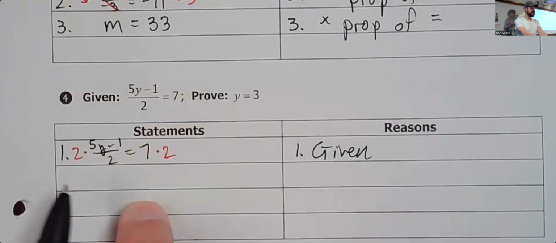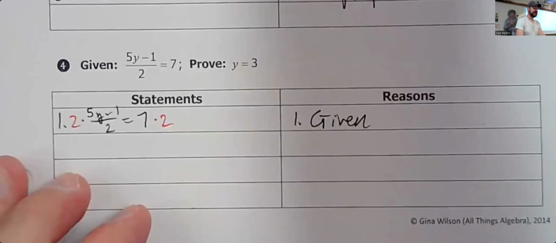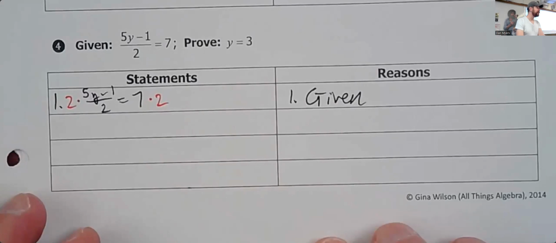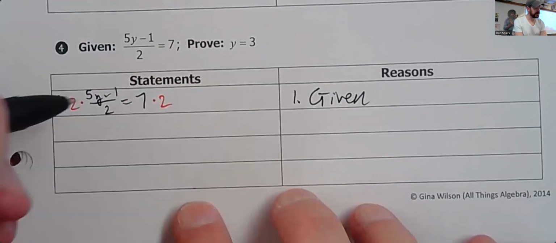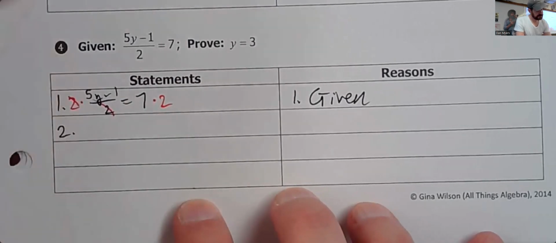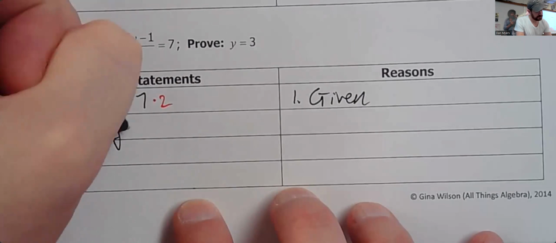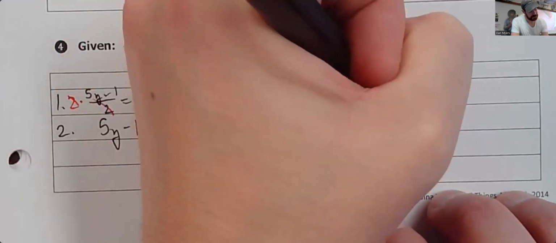By the way, this is almost exactly like those problems that we had where you were given an endpoint and a midpoint, and you had to find the other endpoint. This is very similar to that kind of a question. So if you multiply both sides by 2, statement number 2 will say 5y minus 1 equals 14. And that was the multiplication property of equality.